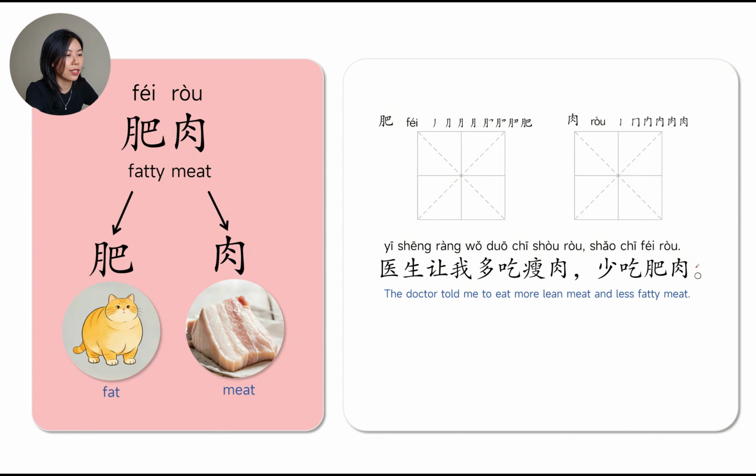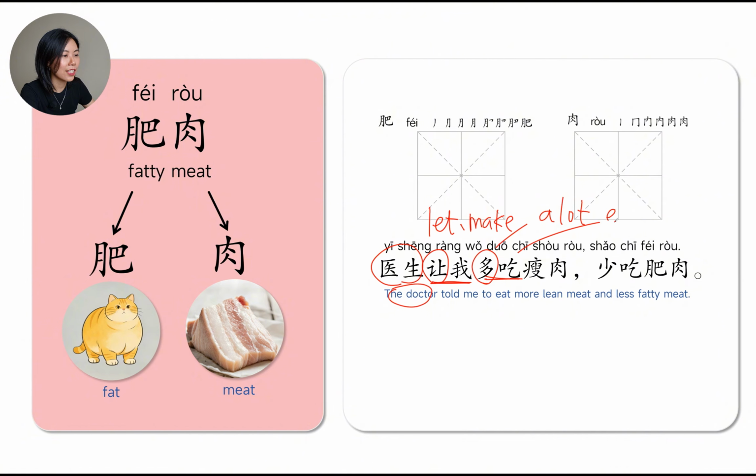The doctor told me to eat more lean meat and less fatty meat. 医生 the doctor. 让 is to let or make. 让我 let me, make me. 多 is a lot. 多吃 eat more. 瘦肉 lean meat. 少 a few or less. 吃 to eat.